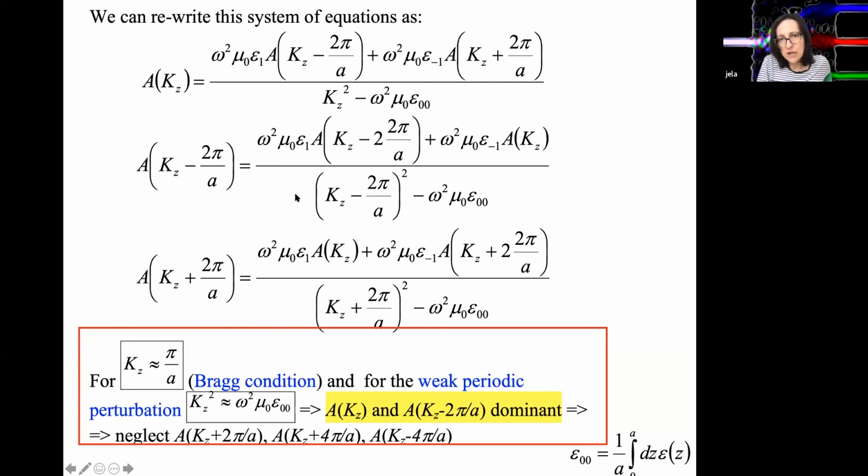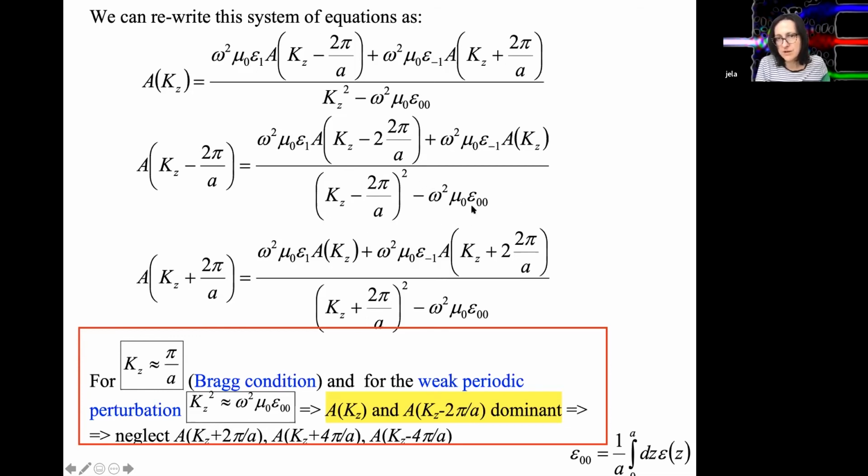And then when you look at the second expression, k is around pi over a and the perturbation is weak. So if k is around pi over a, then k minus 2 pi over a is around minus pi over a, right? So this is still around pi over a and the perturbation is weak, which means that this first expression and the second expression are again roughly the same.